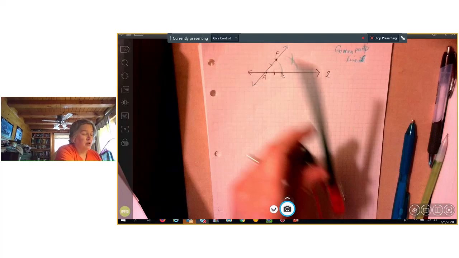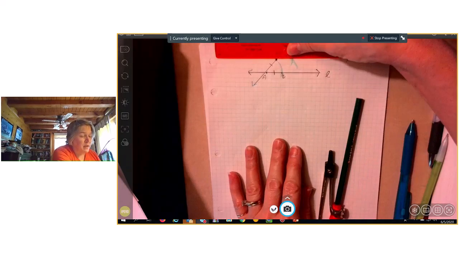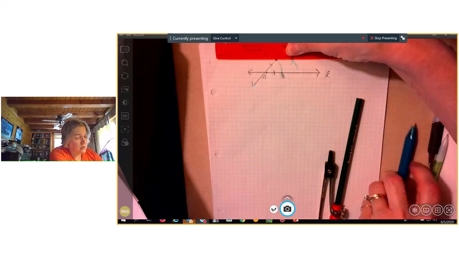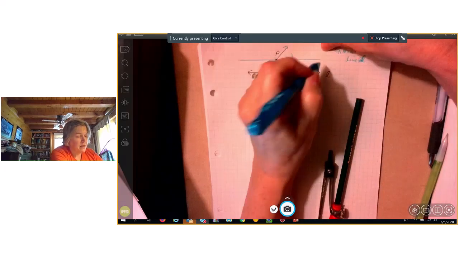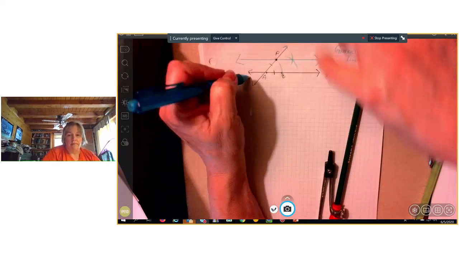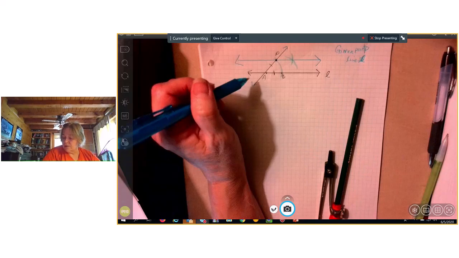And now I'm going to take my protractor, and I'm going to go through point P and through my crossing that I have and draw my new line. And this line is parallel to my given line. Now I know that seems like a lot of work to do, but that's how we're doing it.